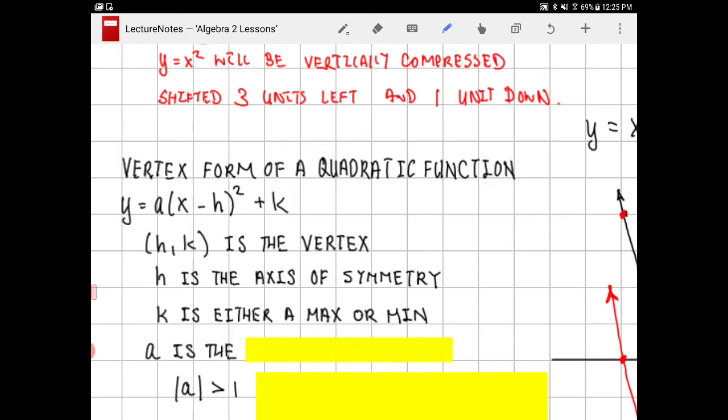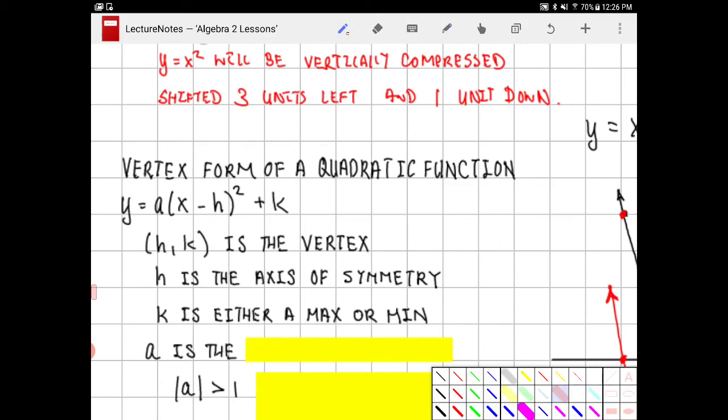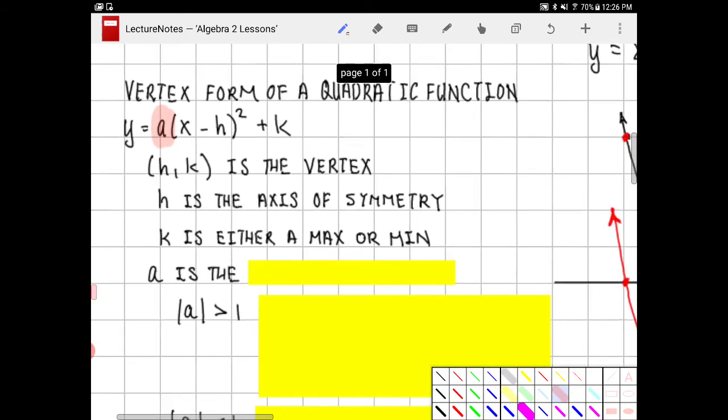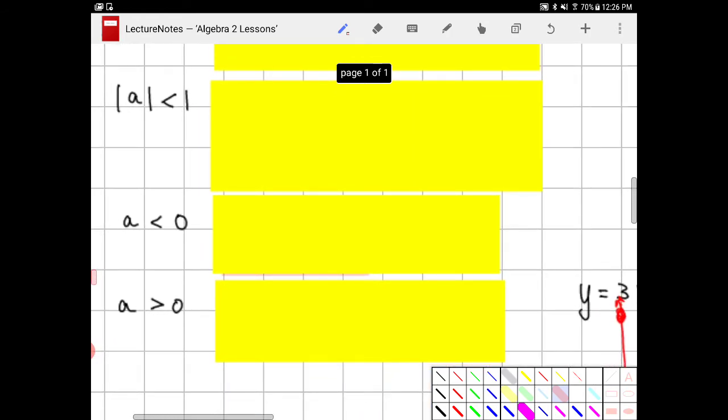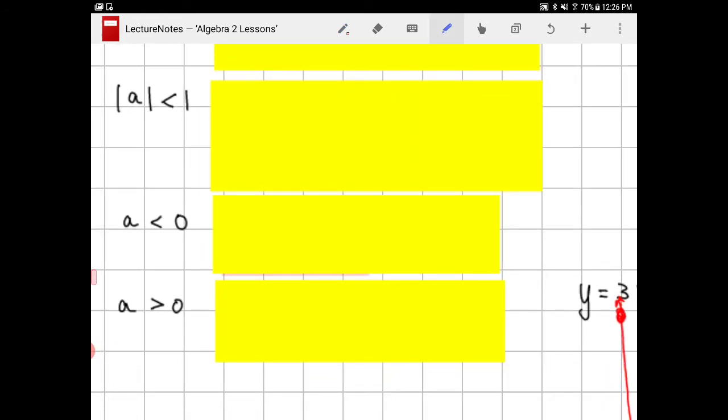So it's actually dependent on what the value of a is, right? Because that leading coefficient, a, will determine whether or not we have a right side up or an upside down parabola. So actually what I'm going to do is go down here first.